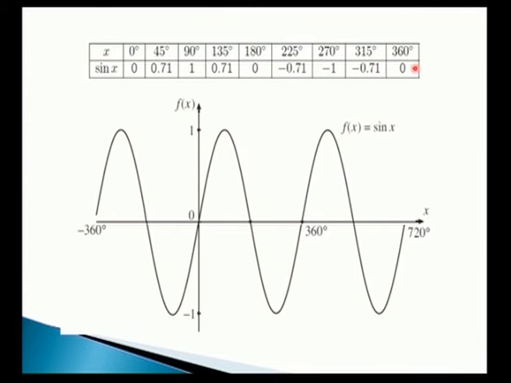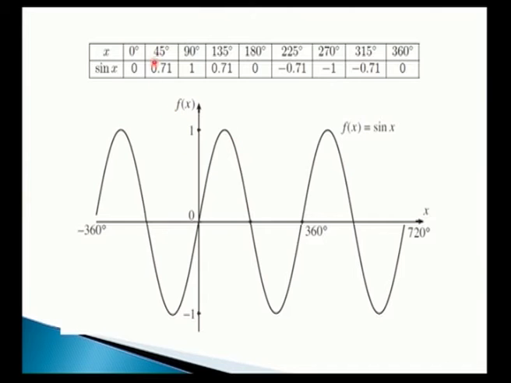When you increase the x value further, the pattern repeats. So, this is the initial pattern, that is from 0 to 360 degree. If you increase the value of x further, the pattern repeats again, so that we can say sine function is a periodic function.